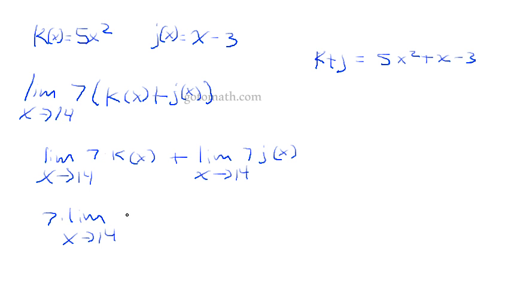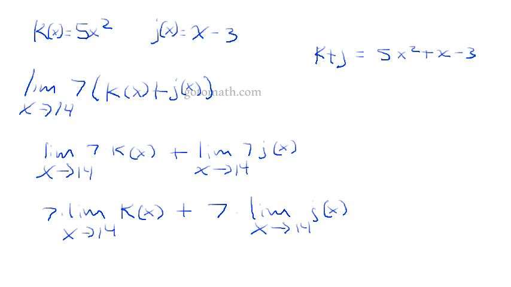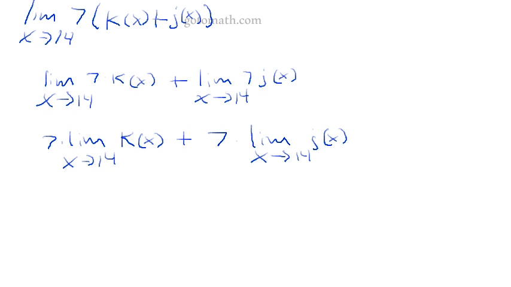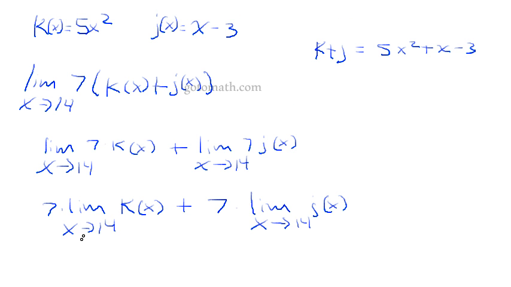And if you've worked some of the earlier problems, I would expect that you would know at least how to solve each one of these, because these are just direct substitution here. So 7 times the limit as x approaches 14 of j of x. And on the help button, I'm not exactly sure how I did this, so you know there's a bunch of different ways, right? And I guess I'm going to need to see that. So 7 times.